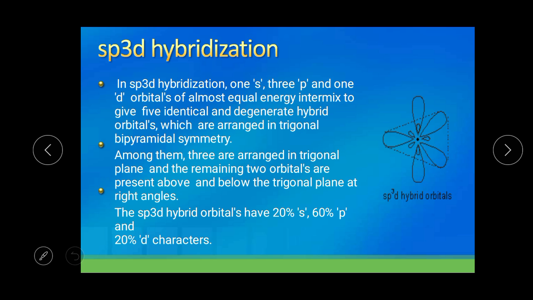Similarly, sp3d: one s orbital, three p orbitals and one d orbital. If they have the same energy, they become identical and degenerate.